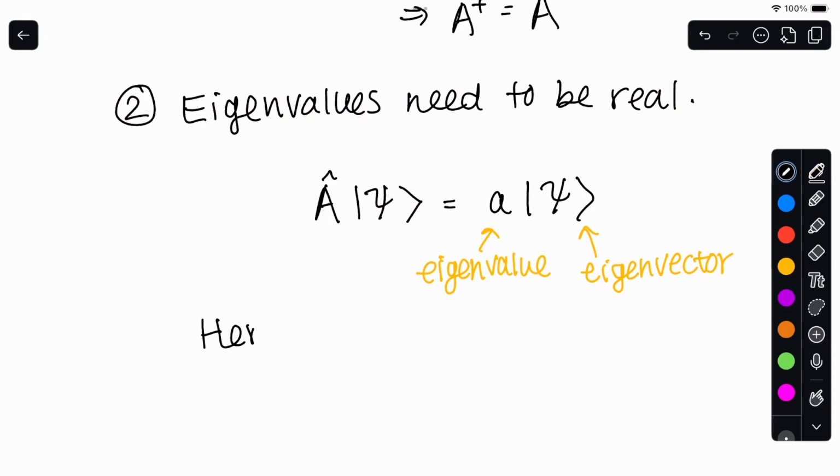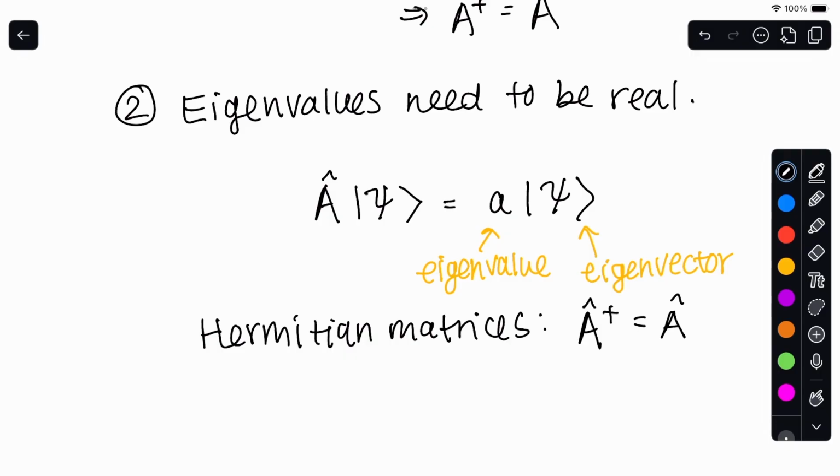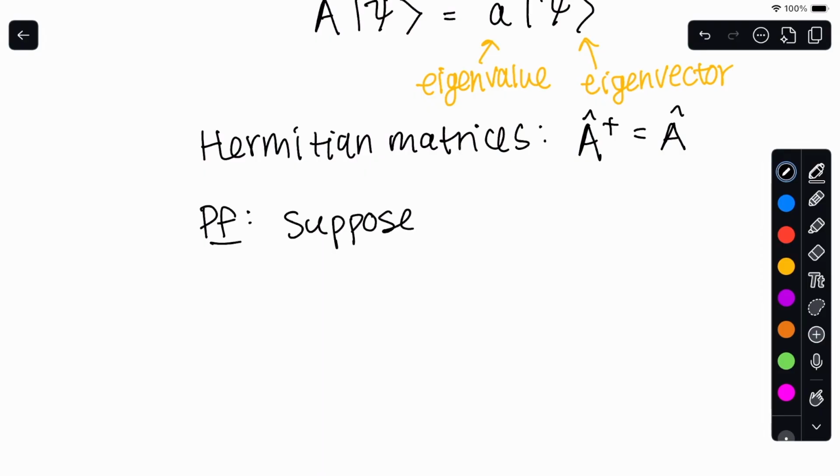And the type of matrices that satisfy this are Hermitian matrices, which is where A dagger equals A. So we can prove this pretty easily. So suppose that psi is an eigenvector of A hat with eigenvalue a.